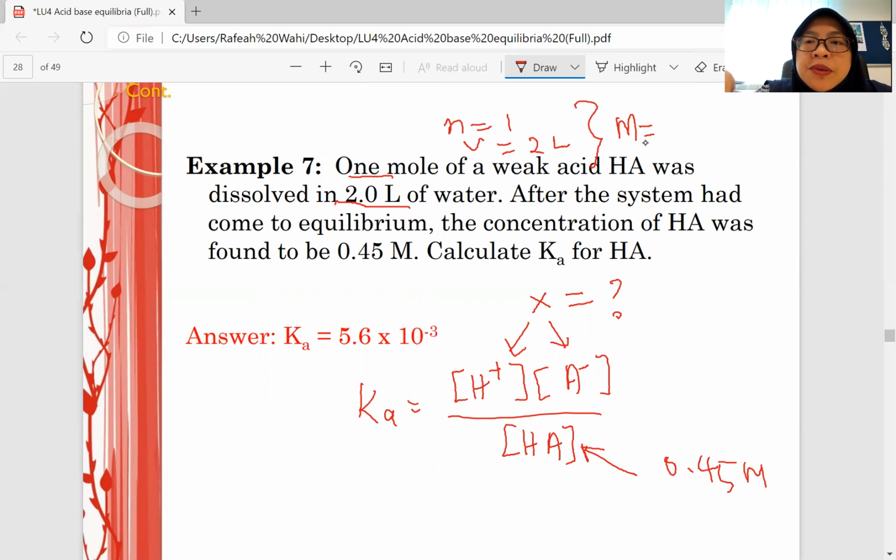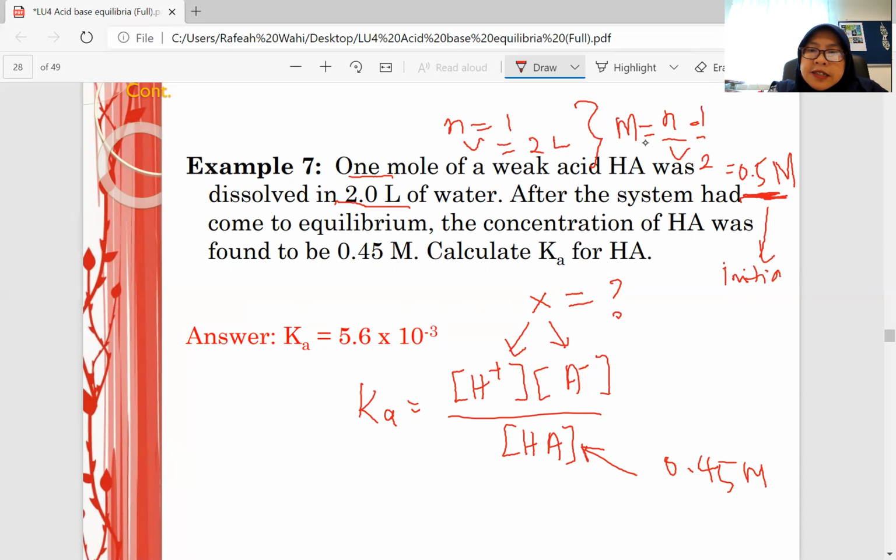Molarity equals number of moles divided by the volume. So we have 1 over 2, which is 0.5 moles per liter, or 0.5 molar. So this is the initial concentration of HA.